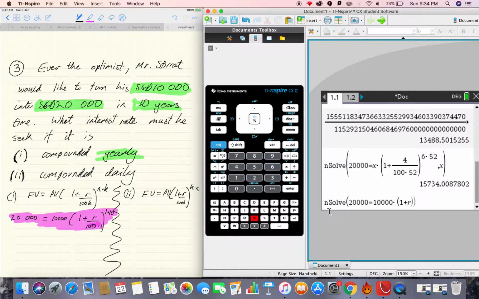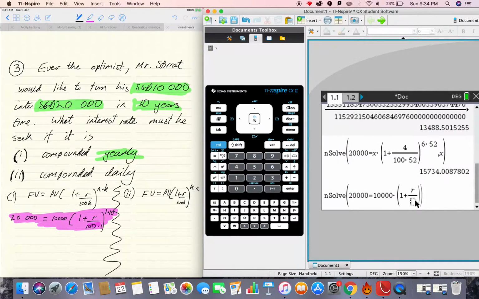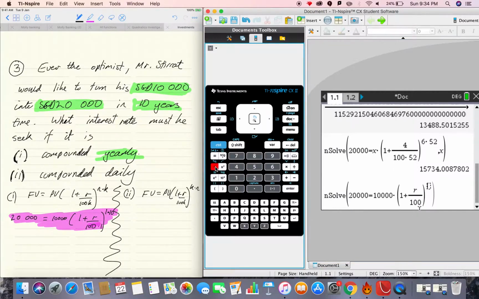I'll type in exactly r, and then I'll press the fraction button. See the fraction there? And then this is 100 times by 1, which is just 100. And then I'm using my side arrows and then my power button here, and this is 1 times by 10, which is 10. It's compounded yearly, so it's just that one payment per year.